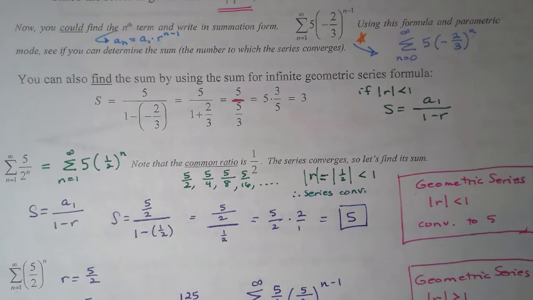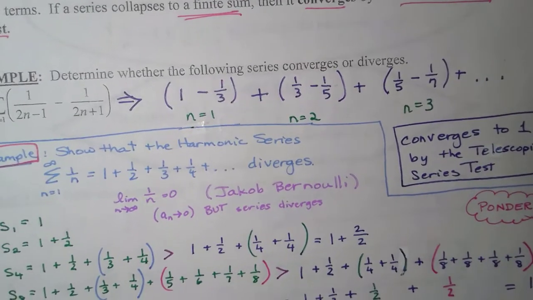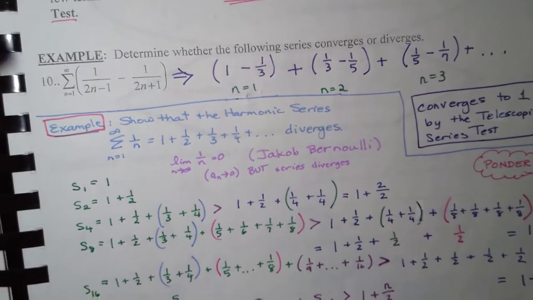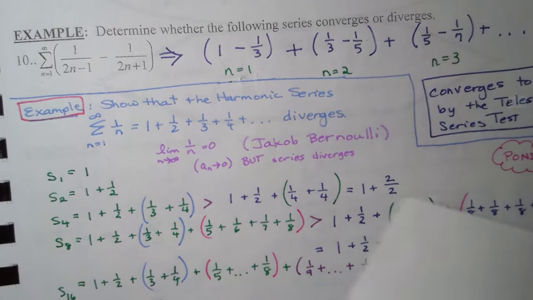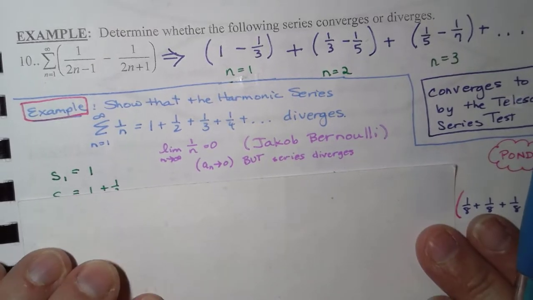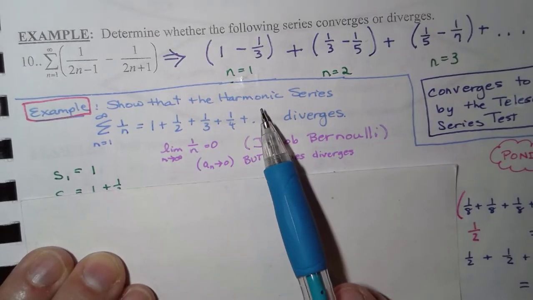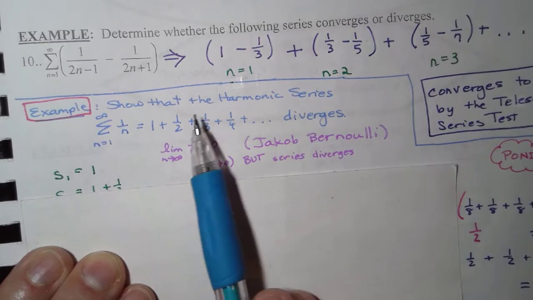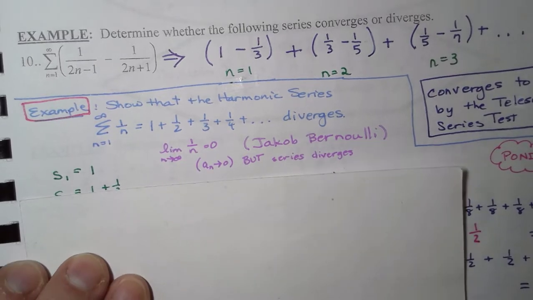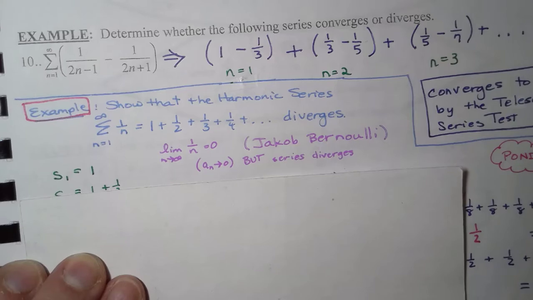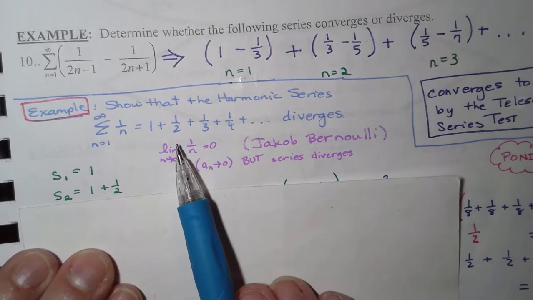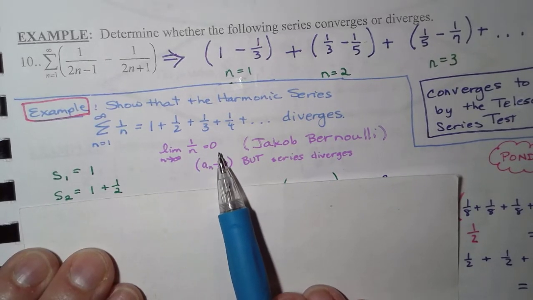In section 9.2, there is a problem from the video that I told you to write down and that I would do in class. Well, we're not having class. So you should have written down, show that the harmonic series, this one, diverges. All right? Well, the limit of the nth term is 0.